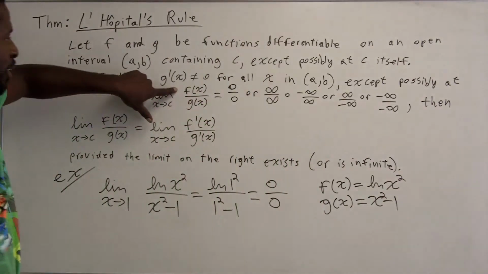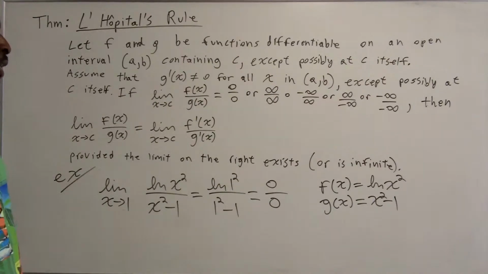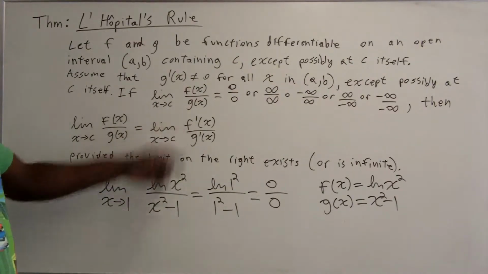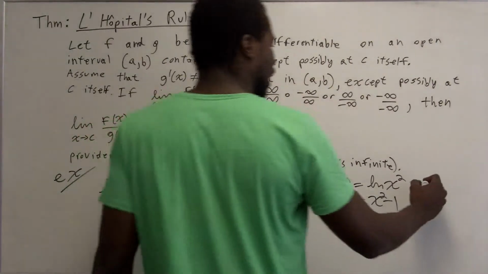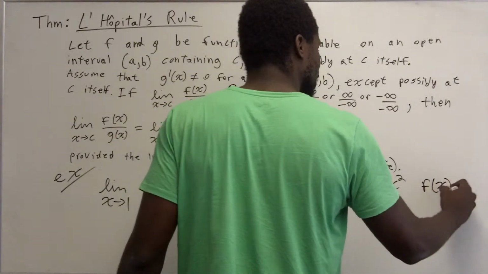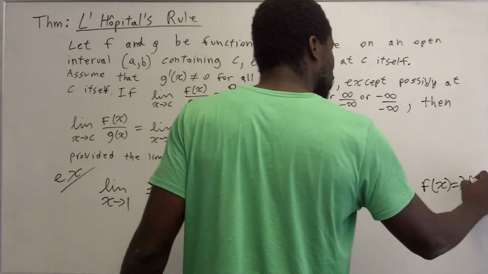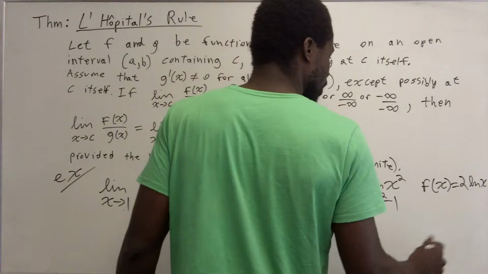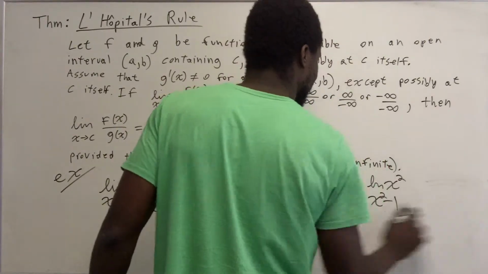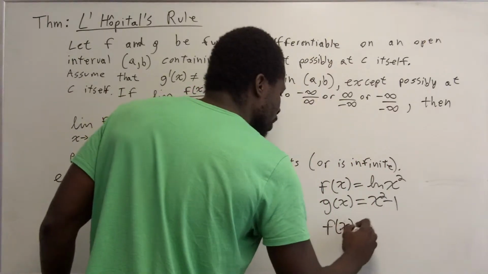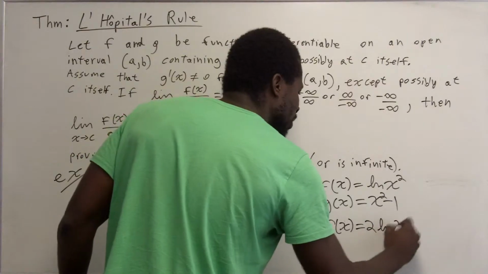From the formula, f of x is the numerator, g of x is the denominator. I need to find their derivatives. Well, I can rewrite f actually. F of x is actually equal to 2 natural logs of x.